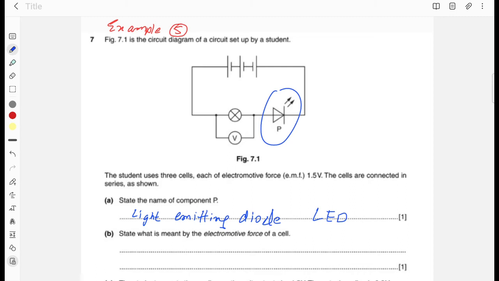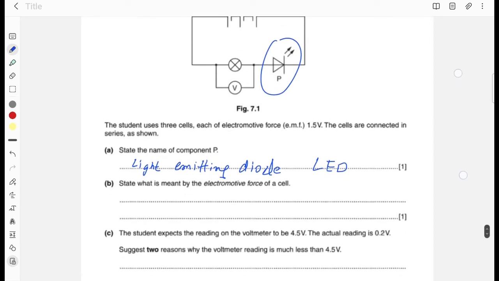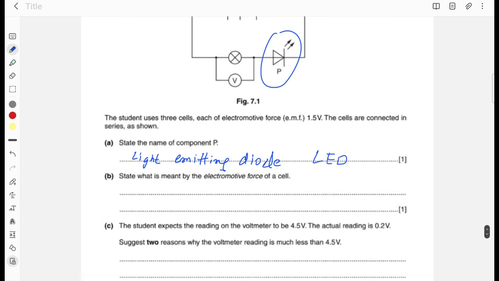State what is meant by electromotive force of a cell. I have already given this definition in my notes, and this is joules per coulomb, or you can refer to my notes, but that is just to recall.